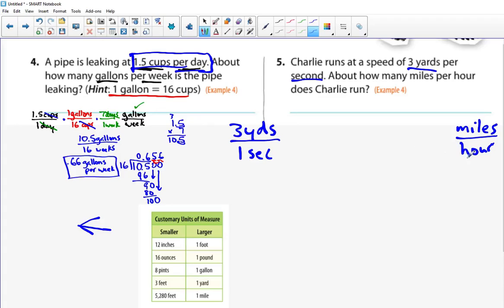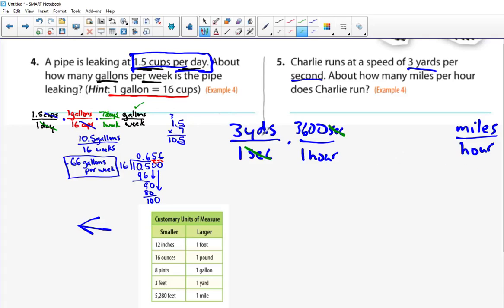We said that 1 hour is equivalent to 3,600 seconds. Okay, and since we want hours on the bottom, we're going to put 1 hour down here, and 3,600 seconds on top, because that way seconds and seconds cancels out. We're left with just hours, which is the rate, the unit that we want.